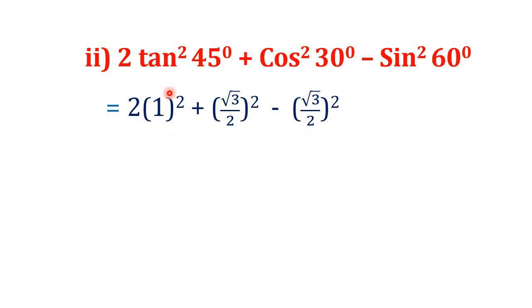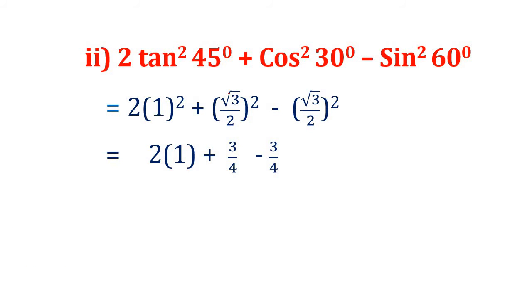That is equal to 2 into tan 45 is 1 square, plus cos 30 is root 3 by 2 whole square, minus sin 60 is root 3 by 2 whole square, which is equal to 2 into 1 square is 1, plus here we can cancel square and root.